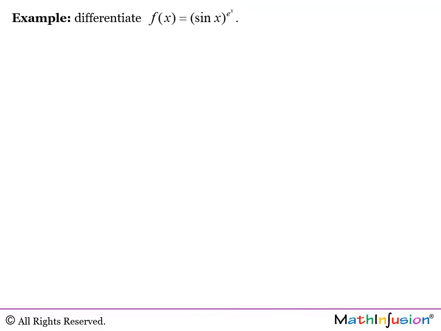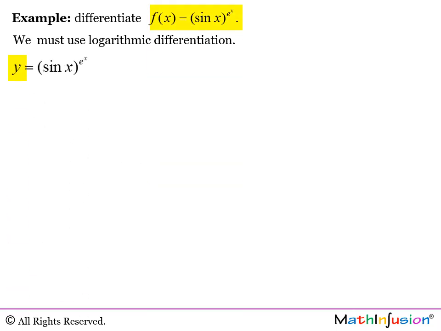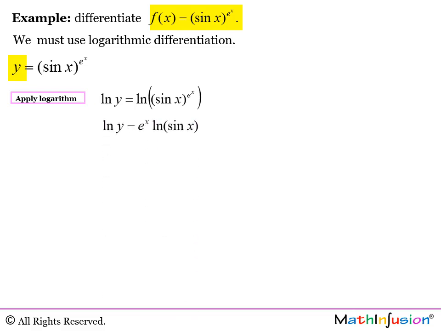Another example. Differentiate f(x) equals sine of x to the power of e to the x. We must use logarithmic differentiation. In step 1, we will get rid of f(x) and have y instead. Now we're going to apply logarithm. We are going to apply the rule of logarithm to simplify that.